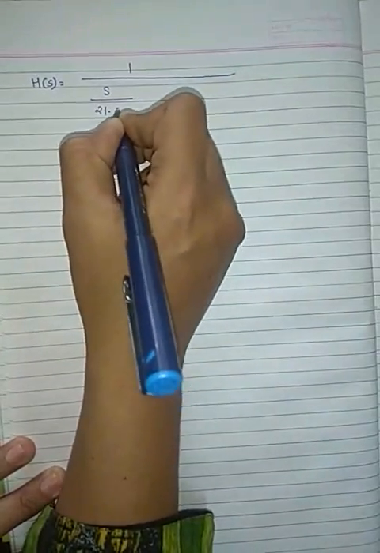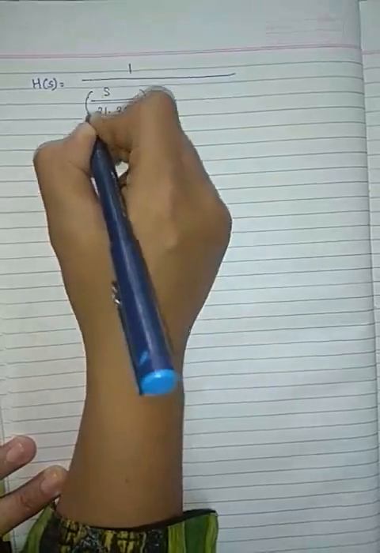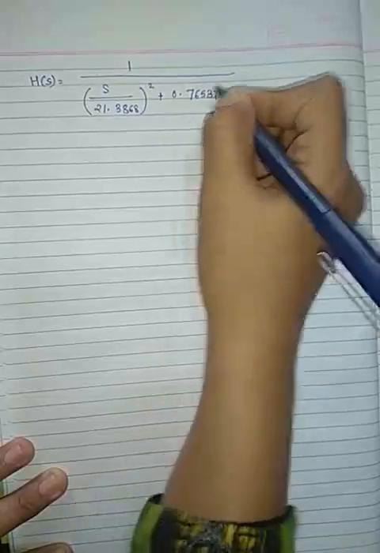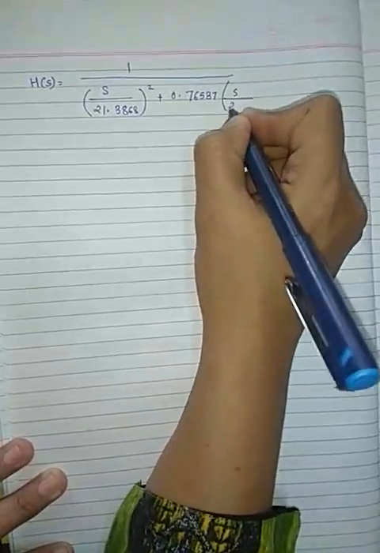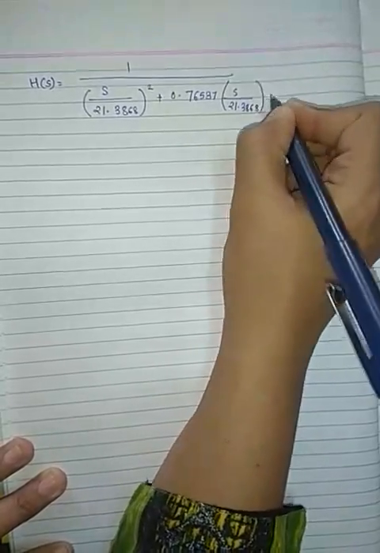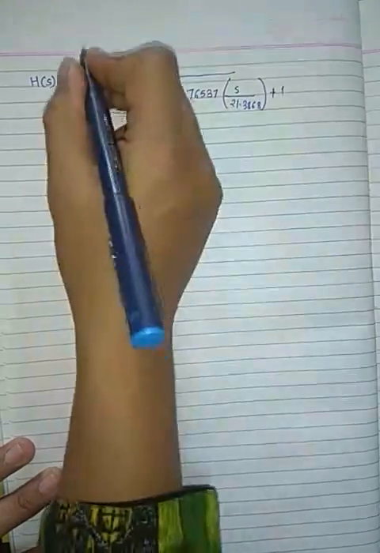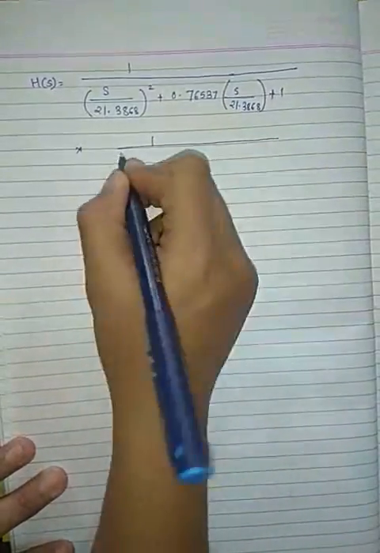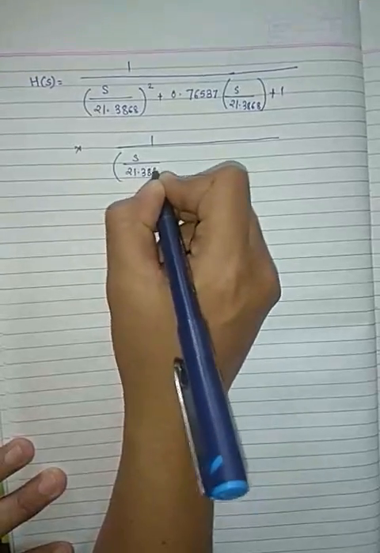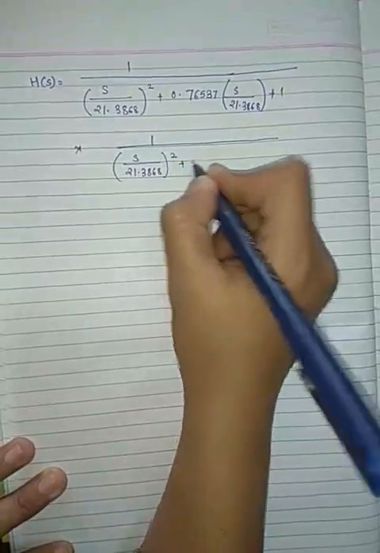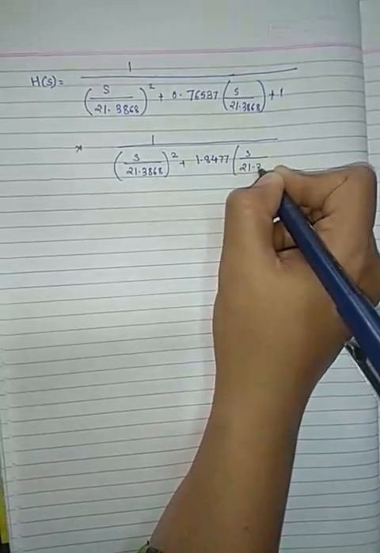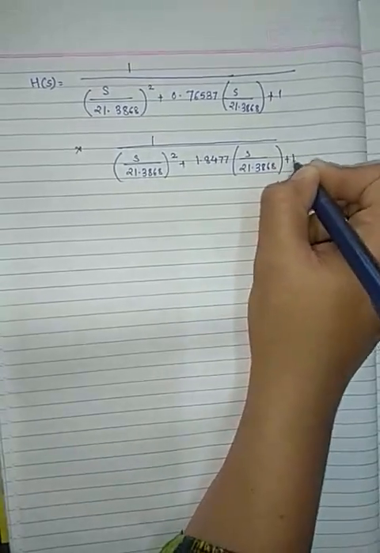Our new H of S is equivalent to 1 divided by ((S divided by 21.3868) raised to 2 plus 0.76537 into S divided by 21.3868 plus 1) multiplied by 1 divided by ((S divided by 21.3868) square plus 1.8477 into S divided by 21.3868 plus 1).